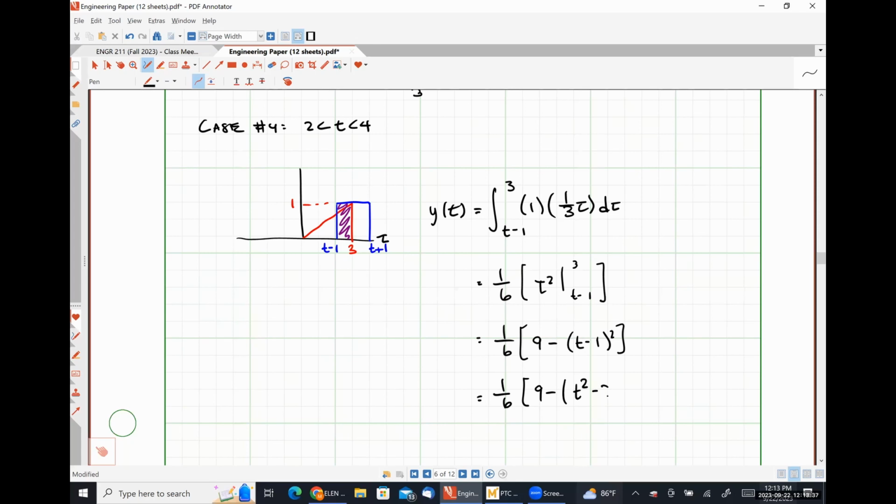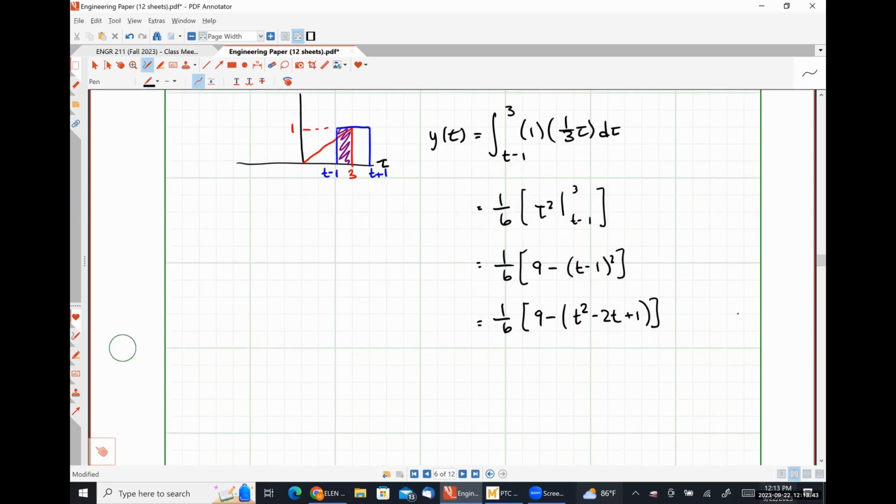T squared minus 2t plus 1. So I'm going to pull out a negative sign, so negative 1/6. So t squared minus 2t minus 8.